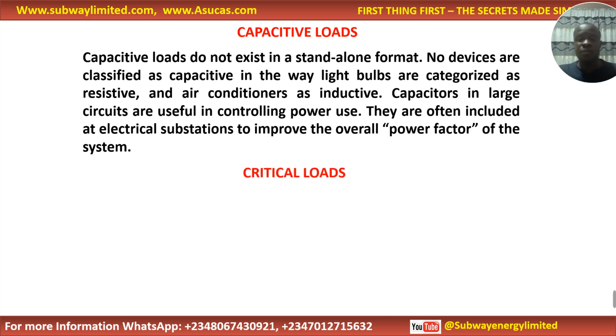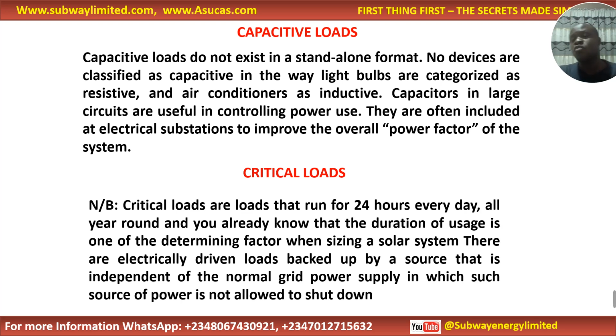So let's move on. Critical loads. This is very important. When we say critical loads, those are loads that you run 24 hours all year round, Monday to Friday, 1 week, 2 weeks, 3 weeks, 1 month, 2 months, throughout the year. You cannot shut them down. Those loads are called what? Critical loads. Your CCTV camera is an example of a critical load, as we are going to see.